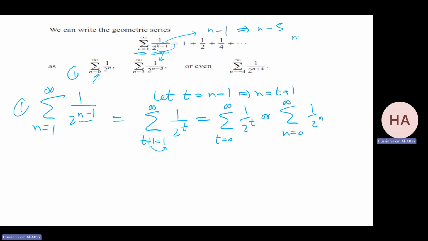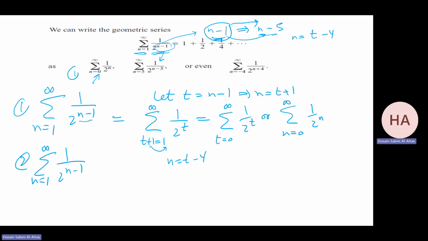So I need to make n equal t minus 4. I write t equal n minus 4. Yes, that will make it 2 to the power n minus 1, if n equals t minus 4. So I take n as t minus 4 to do this change.